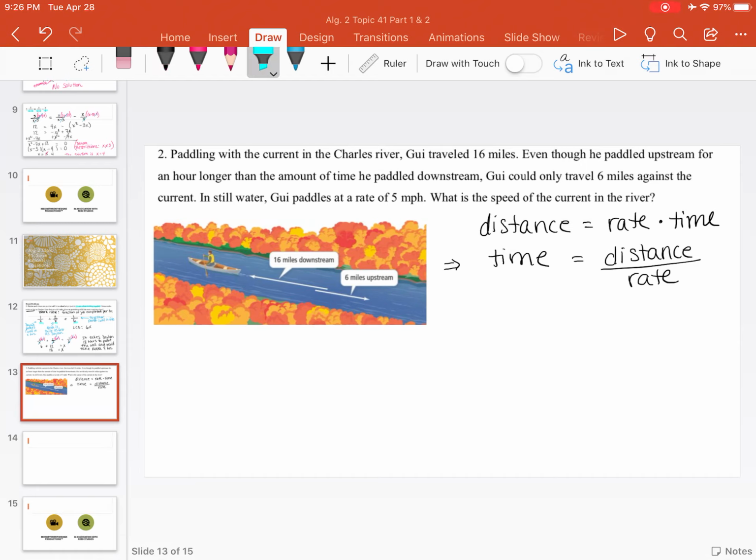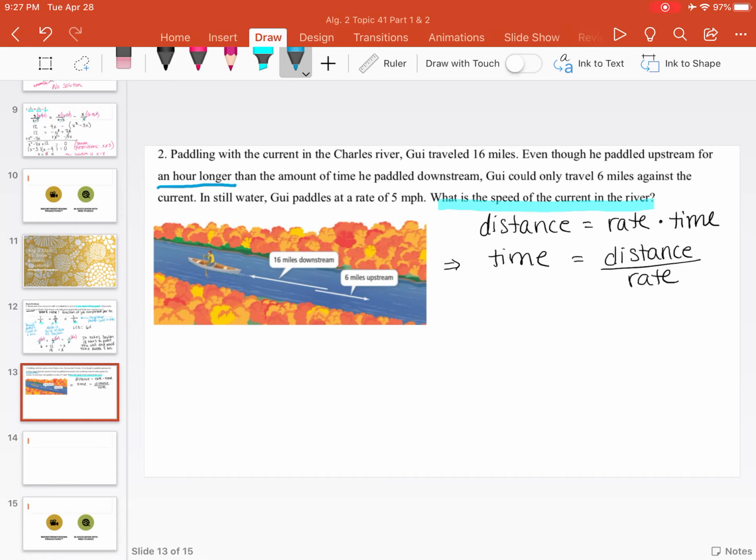Now I know what you're thinking. Well, the question asks us, what is the speed of the current? So doesn't that have to deal with the rate? Yes, it does. But we're actually, in our problem, given some information about the rate that we can use in our denominators. However, the problem as a whole says that even though Guy paddled upstream for an hour longer, we're dealing with this unit of time.